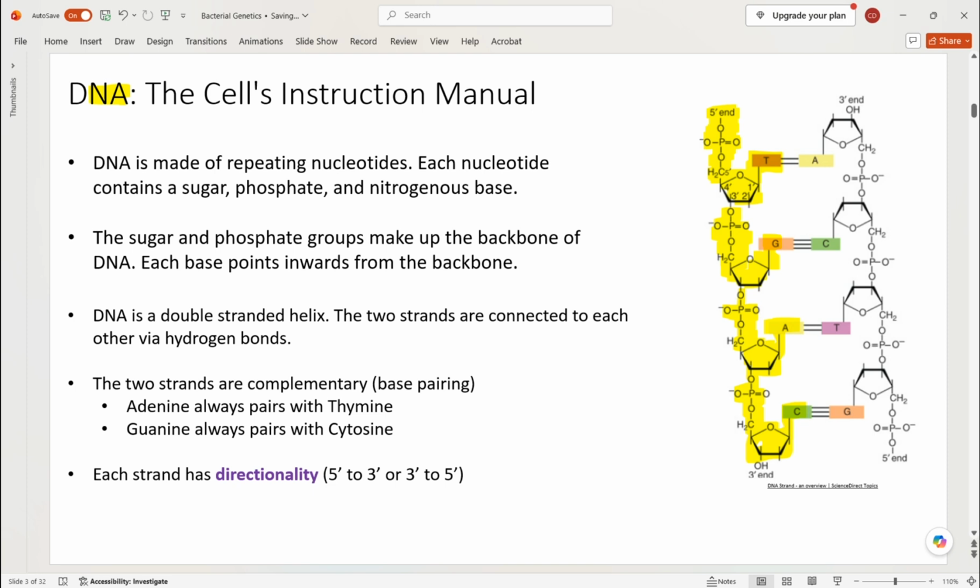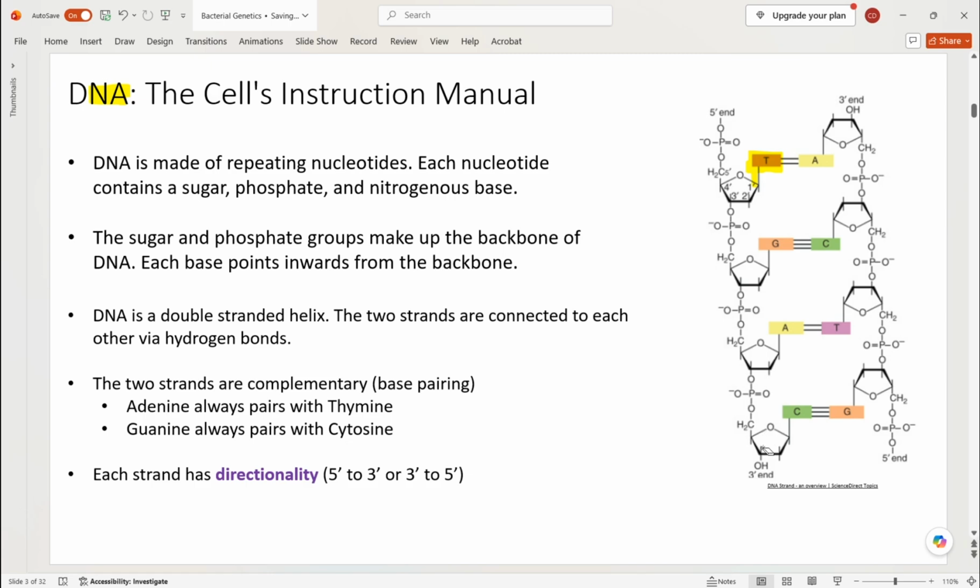And if you look at this nucleotide, and you compare all of the ones that I highlighted, what you're going to notice is that the phosphate groups are the same for each nucleotide. There is no difference. Let me go ahead and undo some of those. And then if you look at the sugar, it's the exact same structure as well.